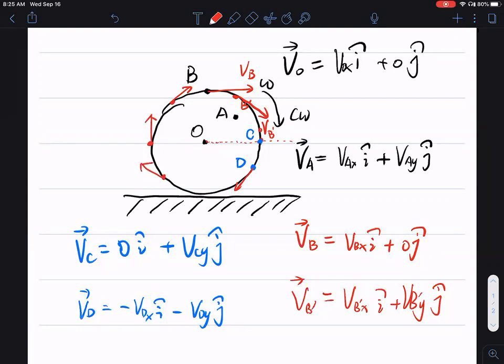That's kind of the direction of the velocity on a rolling wheel.